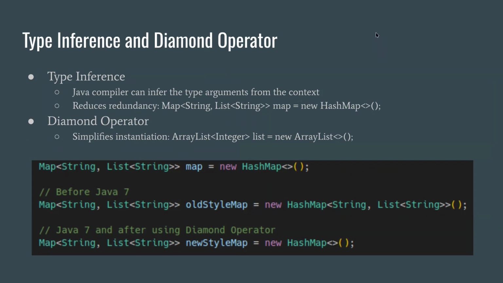So for example, instead of writing this long map declaration, you can simply write it differently. Instead of replicating the type on the right side, you can just have the diamond operator, and this makes your code cleaner and easier to read.